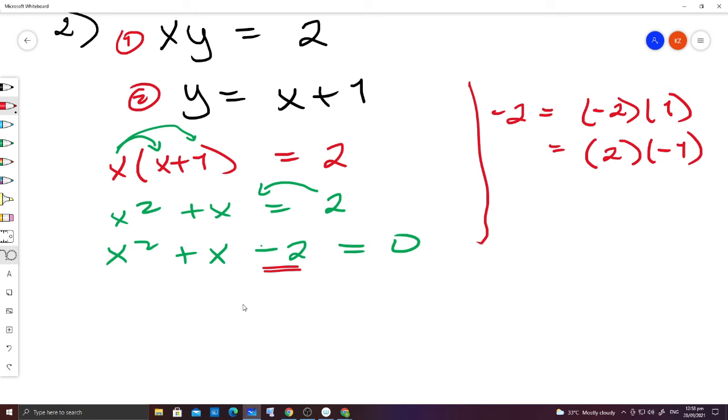So those are the factors of -2. Now, which of these, when you apply addition, -2 and 1 or 2 and -1, the answer will be +1.